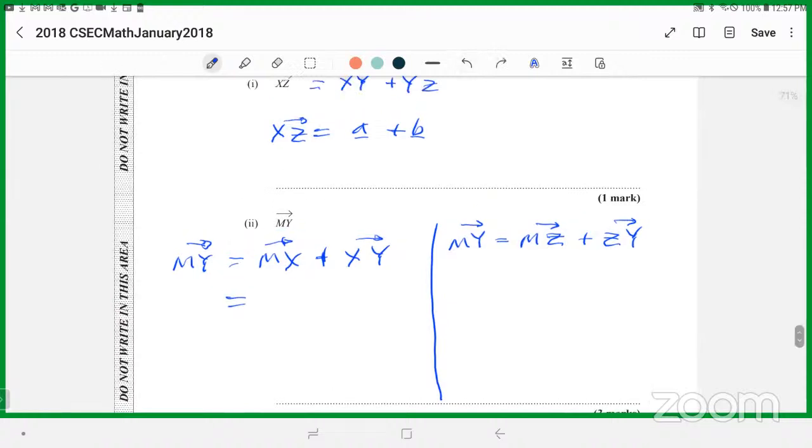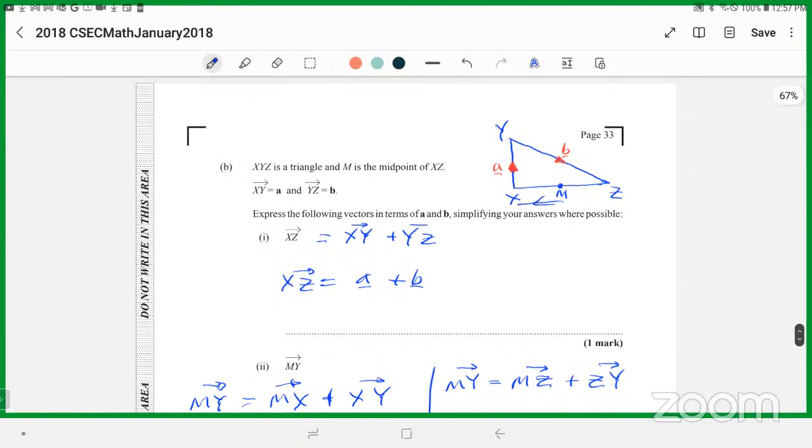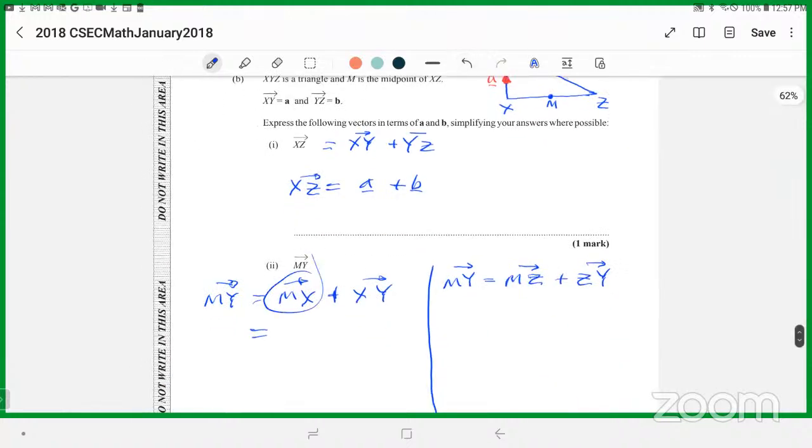Remember, XZ is in this direction and it is equal to A plus B. The MX is half of that, but it is in the opposite direction. So tell me, what would be the MX part here, this first part, what would it be equal to?